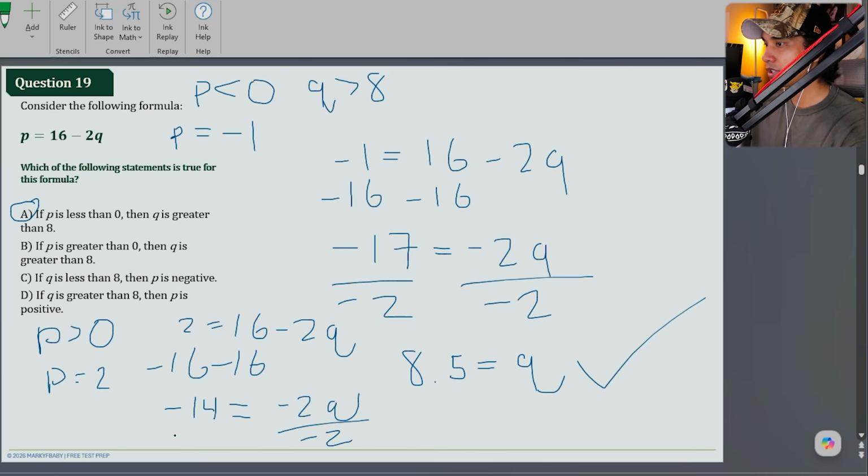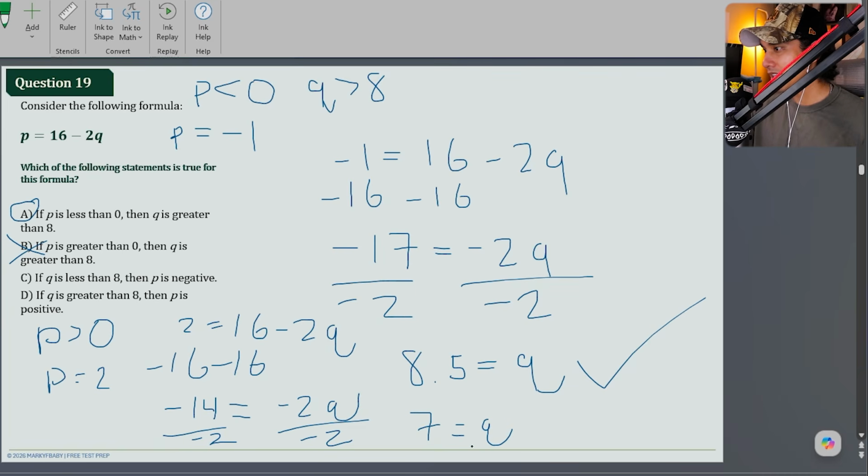Divide by -2, and that gives us 7. Is that greater than 8? No, that is not greater than 8.